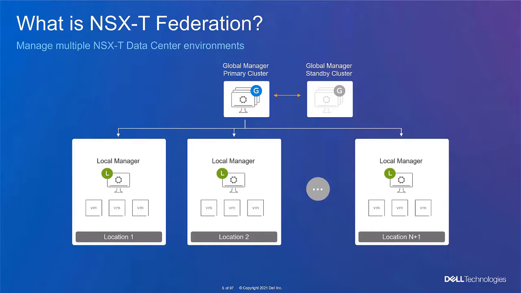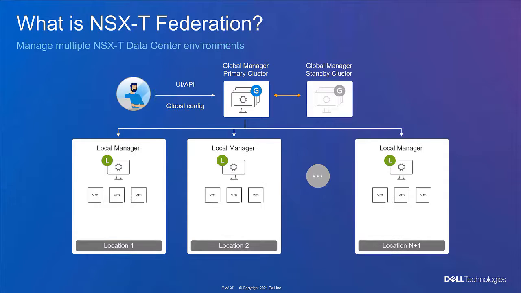The global manager is connected, right? Once you onboard the different NSX managers, those become local managers. And what that allows us to do, as an administrator, is log into the UI or use the API to make global configuration, right? That would be for any need to create any new routers or segments or firewalls.